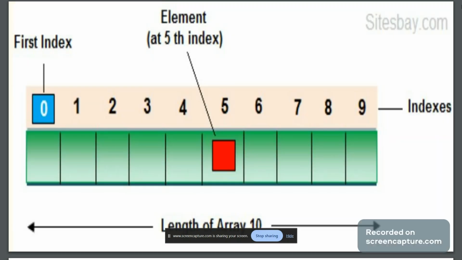For example, as I said, an array stores elements at sequential memory location. This index or subscript, which is used to find out the element in the array or to access the value present in the array, will always be a numeric value.